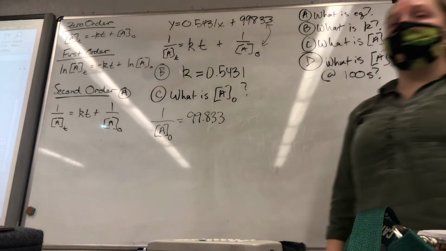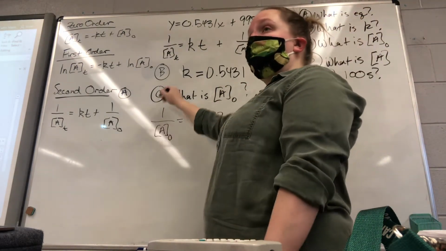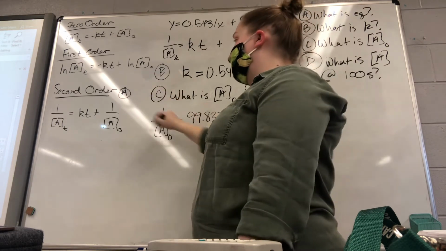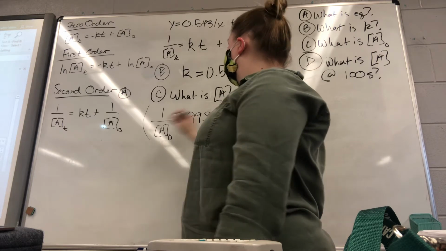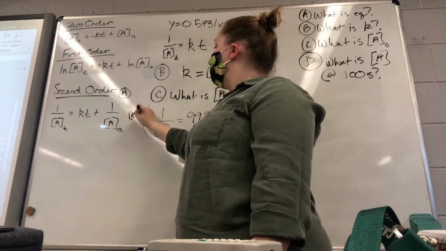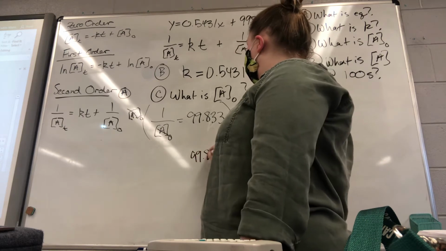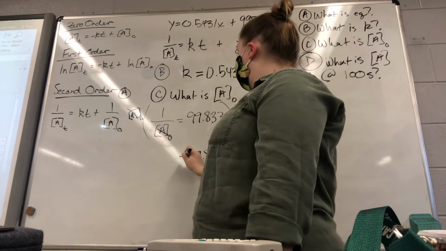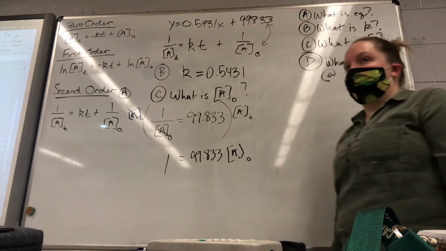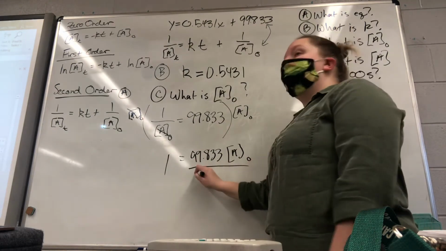No. What do I got to do? I gotta get this on top of the fraction, right? So I'm going to multiply both sides by the concentration. Am I done? No. No. More algebra.